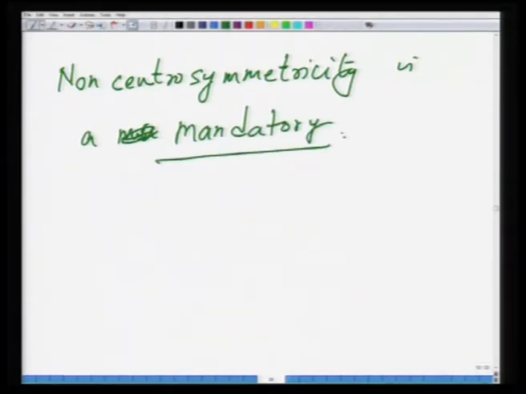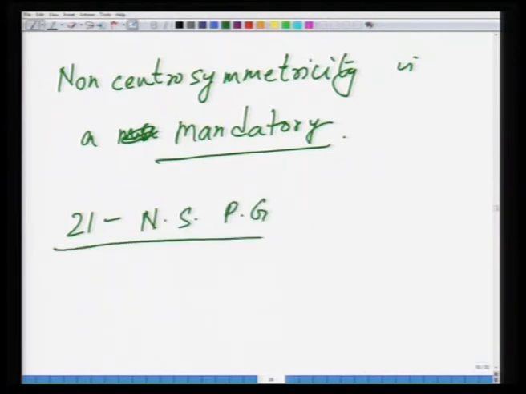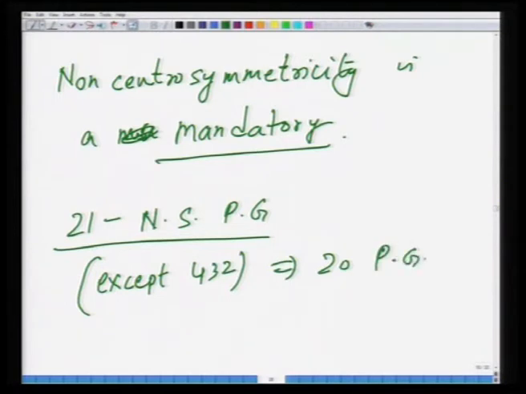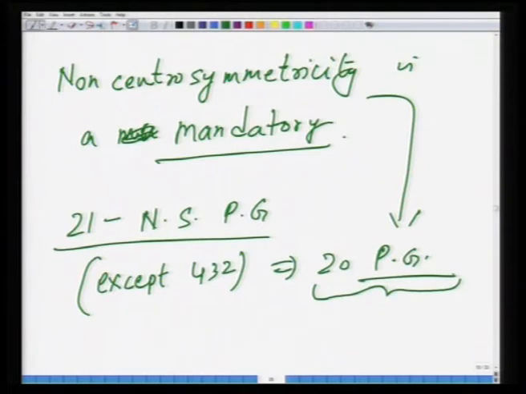Now, out of these 21 non-centrosymmetric point groups, except 432, this would be 20 point groups, and all these are non-centrosymmetric point groups. All the materials which belong to these 20 non-centrosymmetric point groups, whether polar or non-polar, they are all piezoelectric.